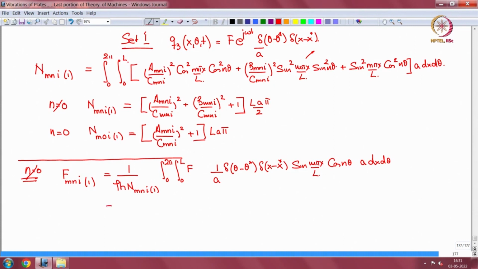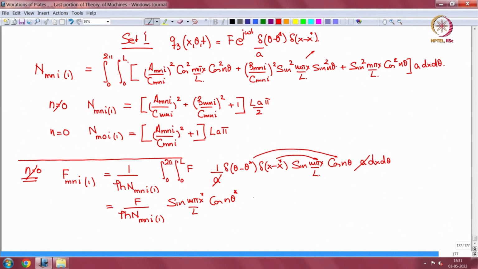The a goes with this a, f by rho h N_mnI 1, and then the delta takes out the integral, so I get sin(m pi x star by L) cos(n theta star).